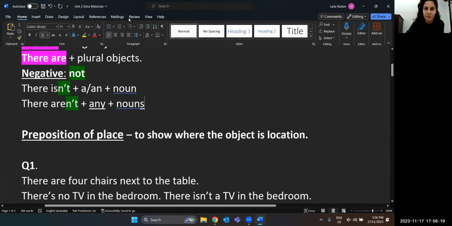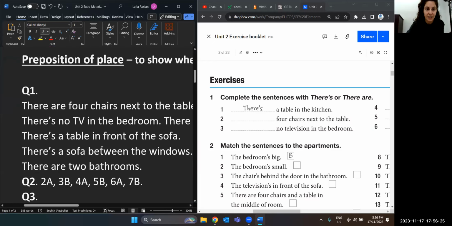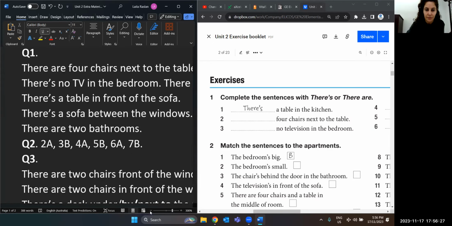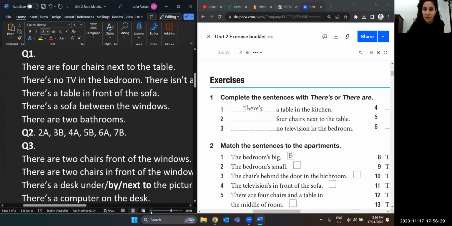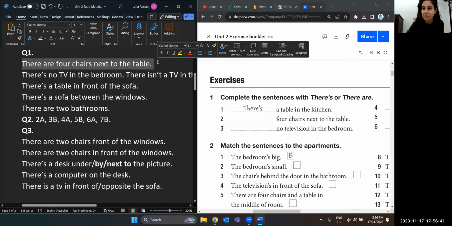Number 1, they've done it for us. There's a table in the kitchen. Number 2. Yeah. There are, so we need to use the plural. There are 4 chairs next to the table.